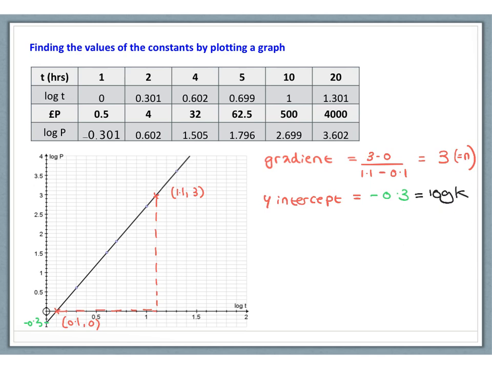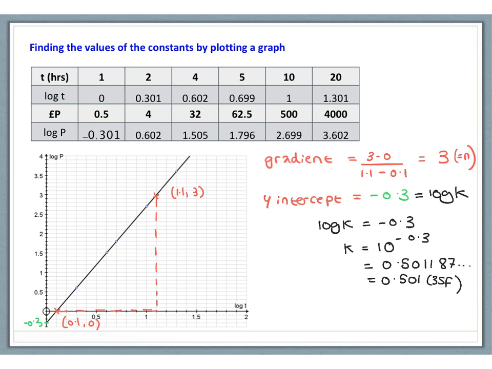So in order to find out what k is, we need to solve this equation. k is equal to 10 to the power of negative 0.3, and if we work this out, this is 0.501187, etc. So 0.501 to 3 significant figures.